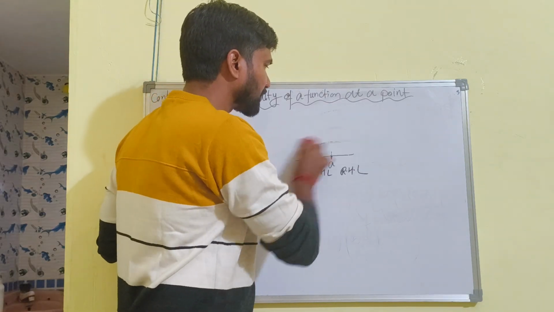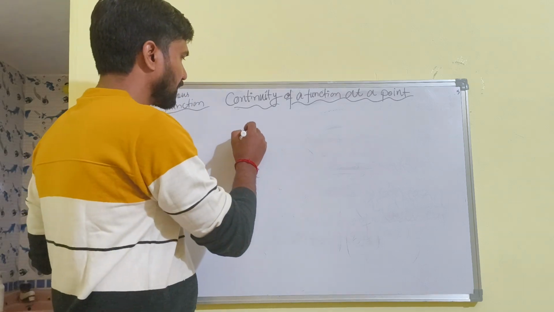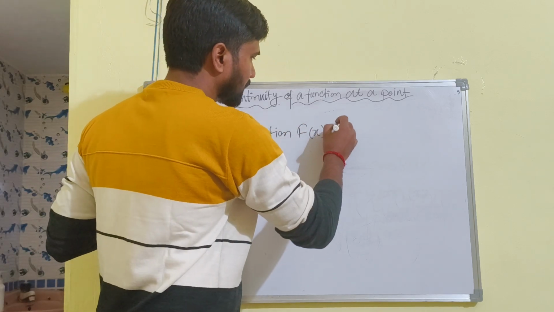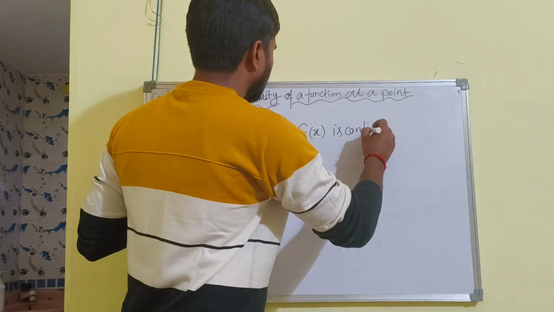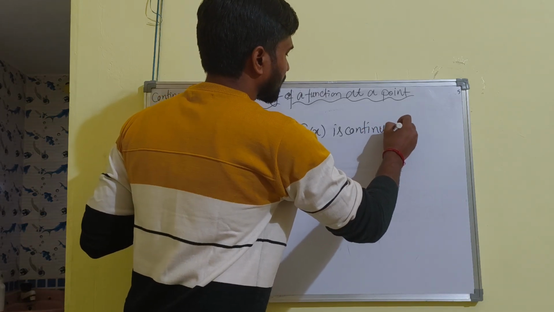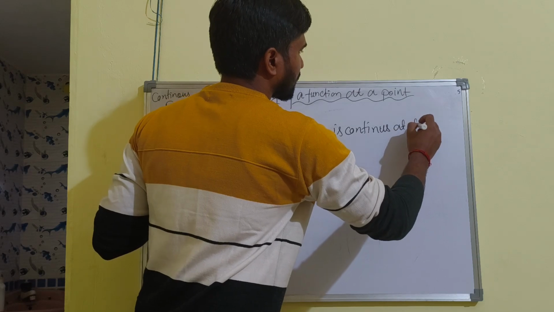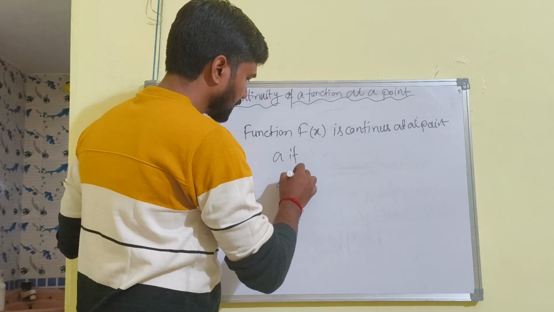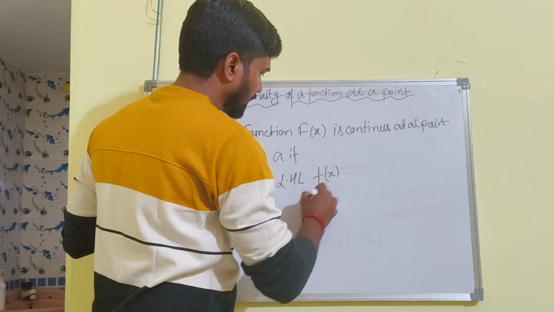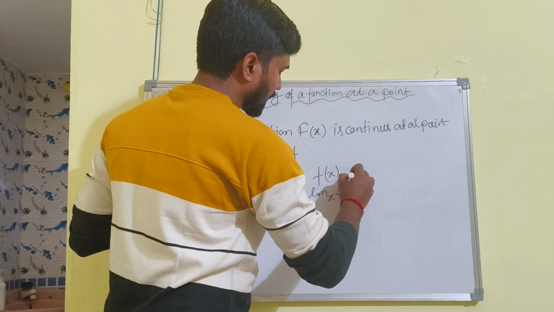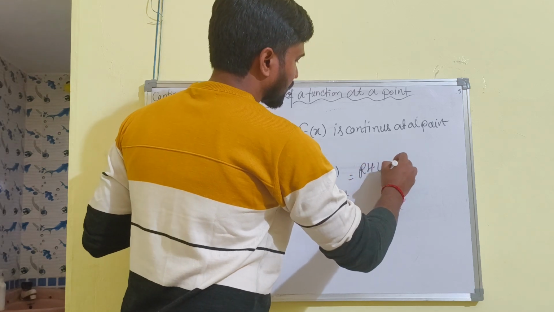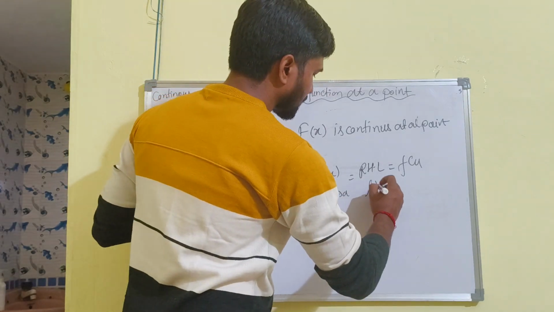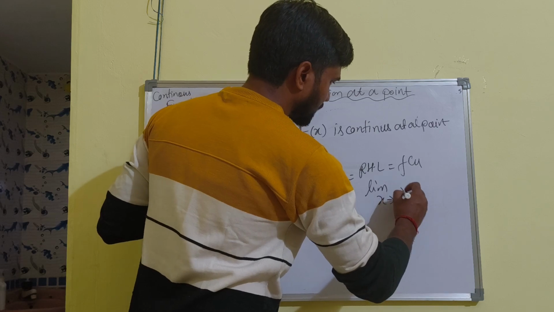We say that a function f(x) is continuous at a point a if the left hand limit, limit x tends to a minus of f(x), equals the right hand limit, limit x tends to a plus of f(x), equals the value of the function f(a).